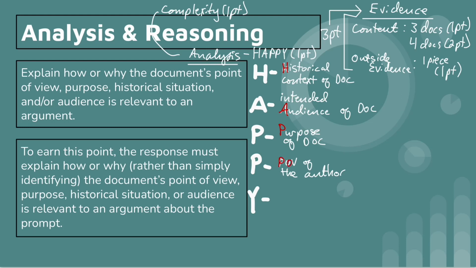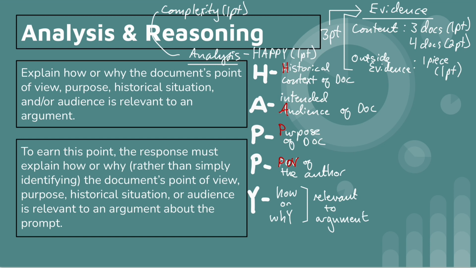Now, how many documents do I have to HAPPY to get the point? How many out of the 7 do I need to do HAPPY for? 2. I have to do 2 different docs, okay, out of the 7.